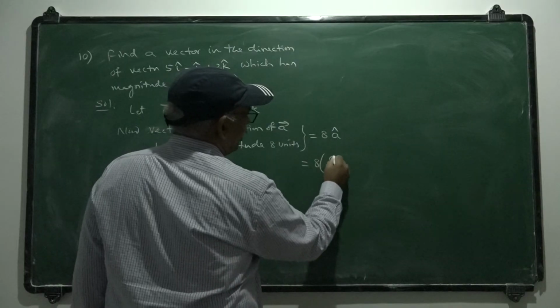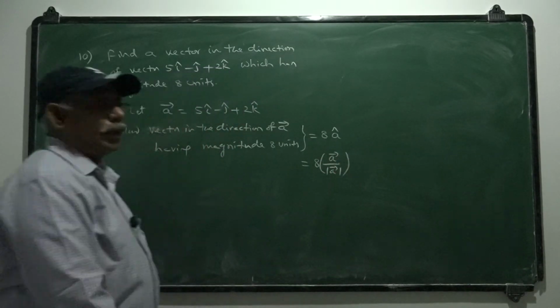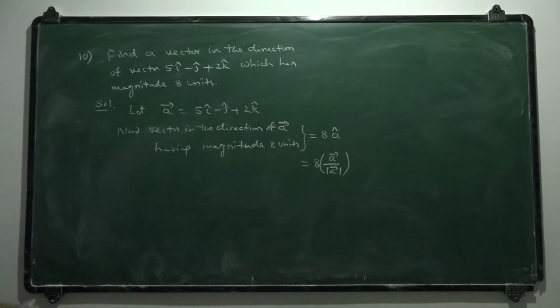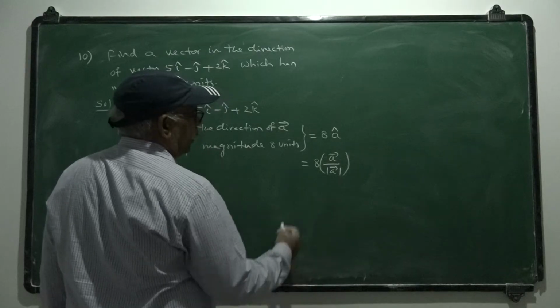That is 8 into A bar by modulus of A bar. A cap in the sense the unit vector along A bar, in the direction of A bar.